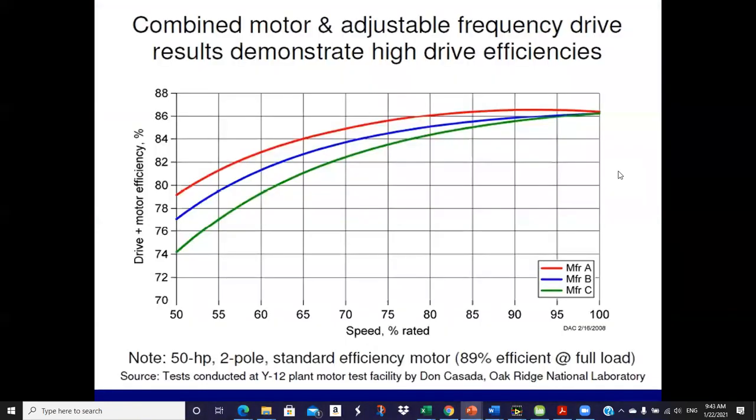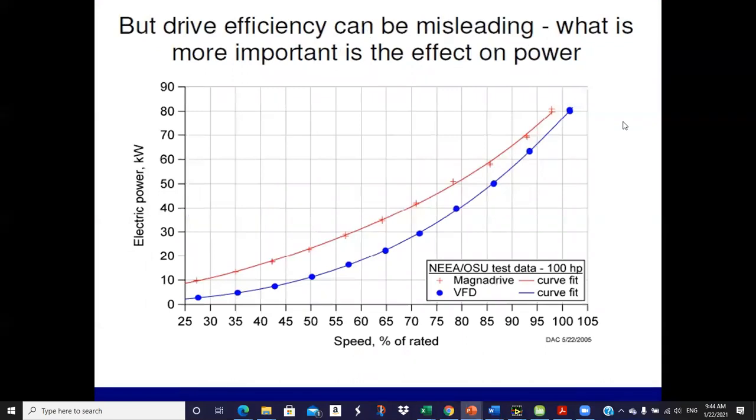Okay, variable speed drives. This is some data from Oak Ridge. 50 horse, two poles, 3,600 RPM synchronous. We're 98% at full load, which would be up here off the curve. When I put the drive on there, it's going to lose 2, 3, 4%, something like that, depending on the drive. And so that's just a factor you have to consider, the drive efficiency as well.